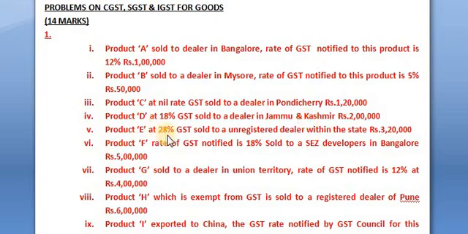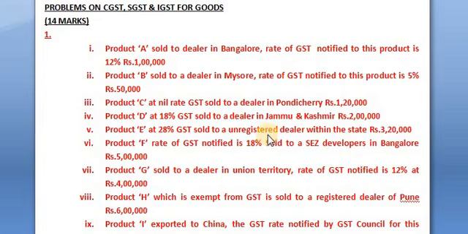And product E at 28% GST sold to an unregistered dealer within the state. Within the state, intra-state transaction. You can sell to an unregistered dealer, but in order to enjoy the benefits under the GST scheme, you have to be a registered dealer. Being a registered dealer, you can do transactions with an unregistered dealer also.